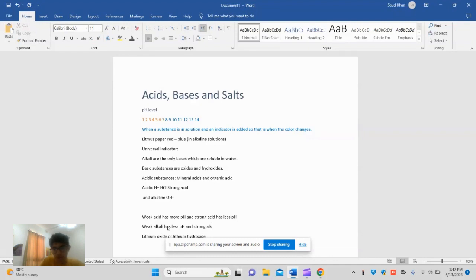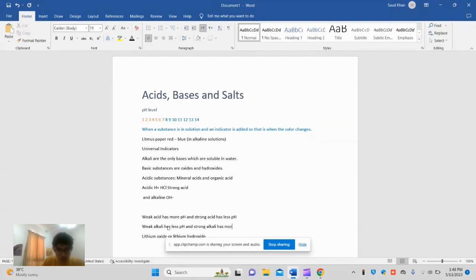Base is actually a broad topic; alkali is a subgroup inside of bases. But alkali is really important for major reactions because bases are mostly insoluble in water. That also counts as the main thing, because they're mostly hydroxides, strong, unlike oxides. So yeah, weak alkali has a lower pH, and strong alkali has a higher pH.